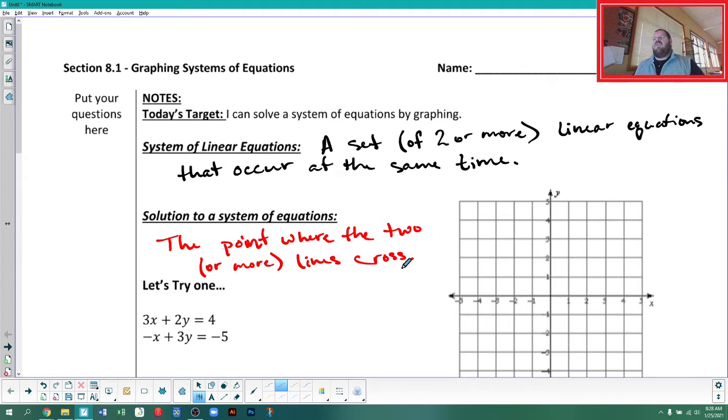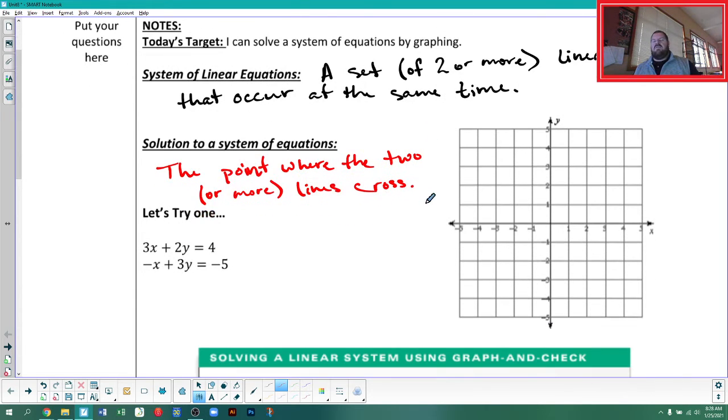We're going to go over so many different ways to solve a system of equations, and we end up losing that idea that we're looking for a point. That's all we're doing. We're just looking for one unique point where these two lines are going to cross.